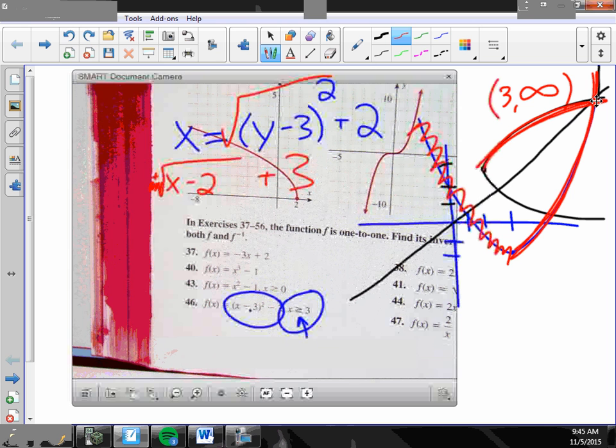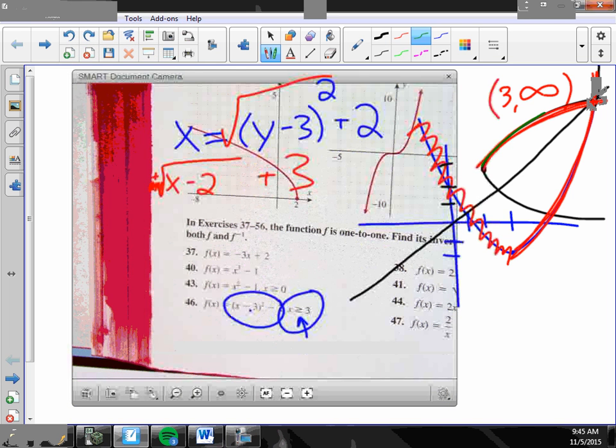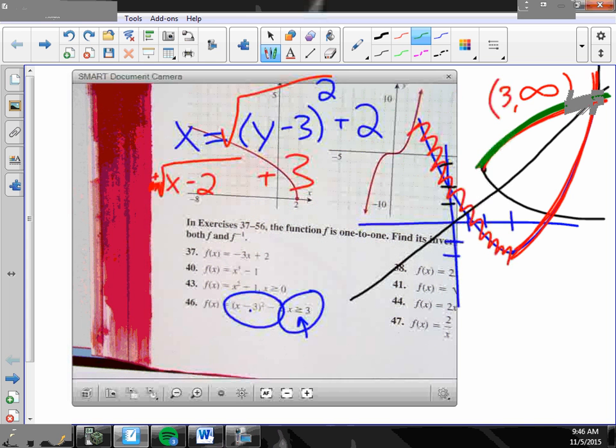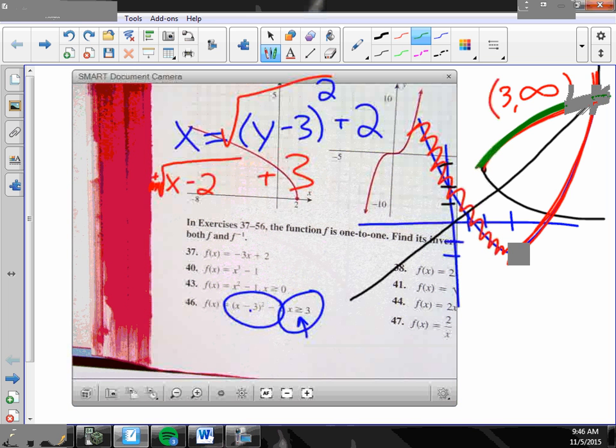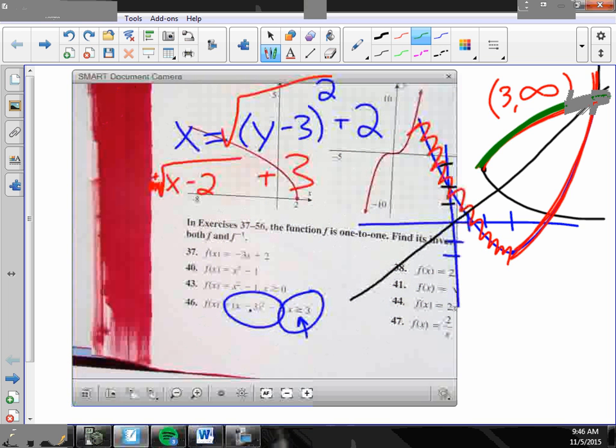What is the domain of the new piece? So what is the domain of this? From 2 to infinity. What's that? Oh, did I draw it backwards? Minus 2, right 2, up 3. Oh, you're right.